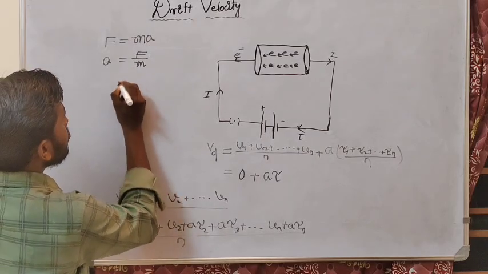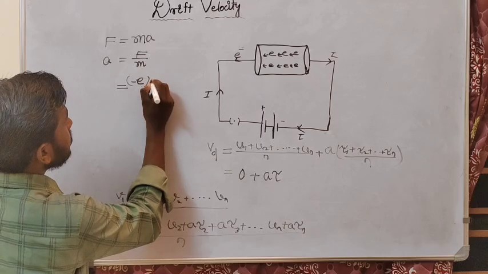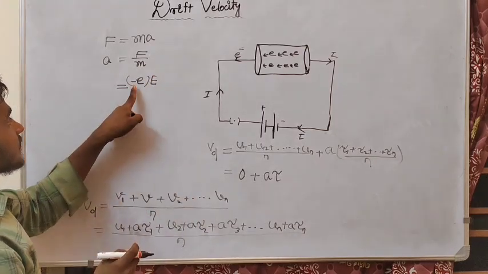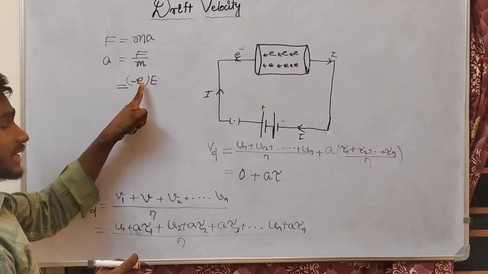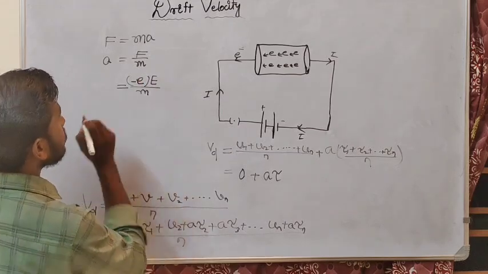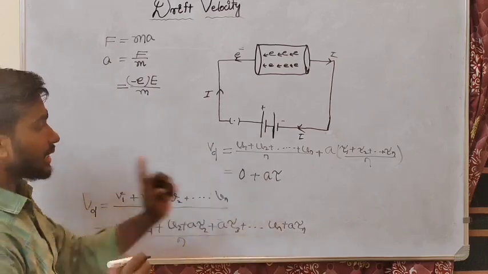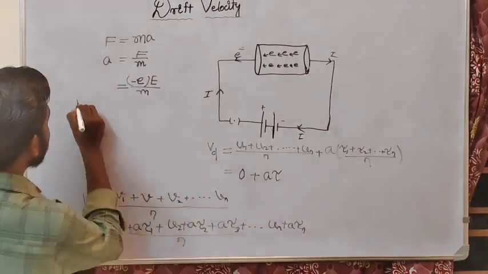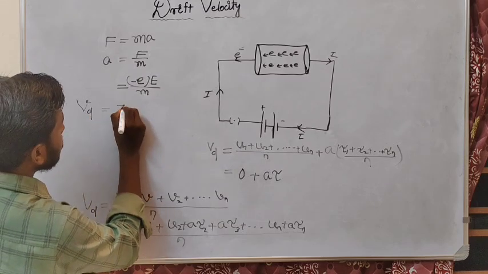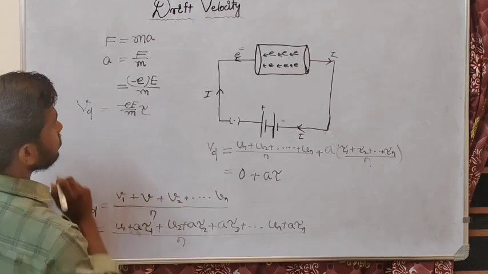So this force will be minus eE, where E is the electric field, and it is minus for the negative charge, and m is the mass of the electron. Then we put this value here, and the drift velocity becomes minus eE by m into tau.